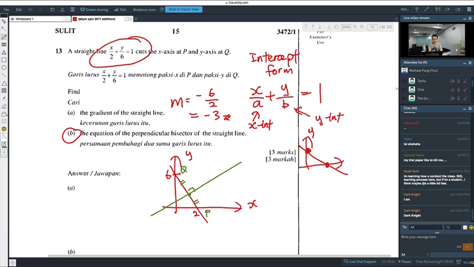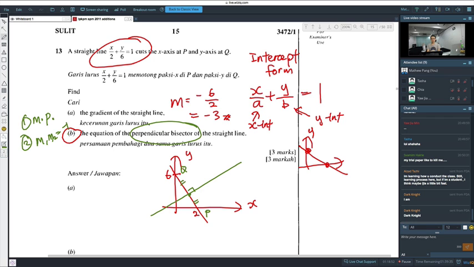So whenever you see perpendicular bisector, 2 pieces of information must immediately come to mind. First, you have to find the midpoint. Second, you have to find the perpendicular gradient, using the m1 m2 equals negative 1 formula.